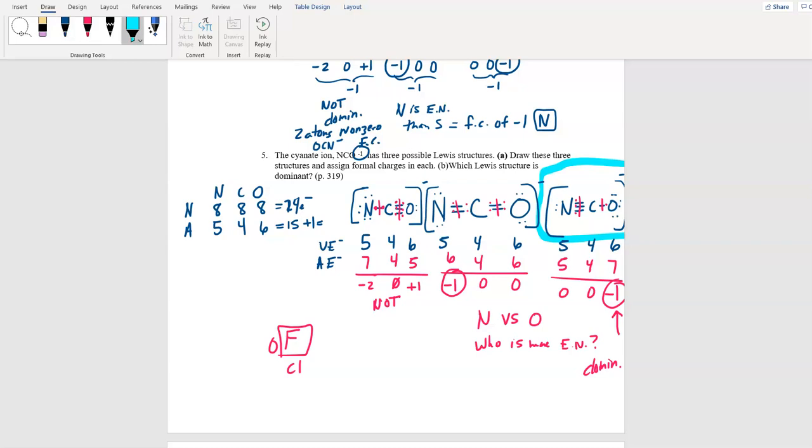Okay, so see, I told you it's not always the dominant structure when you have equal bonds on each side. So because oxygen is more electronegative than nitrogen, he's the dominant structure. And that literally is how you explain it, like word for word, as we said.